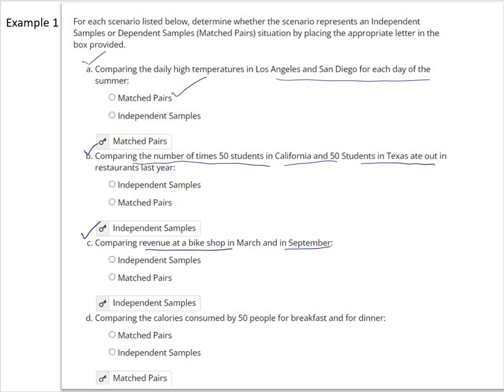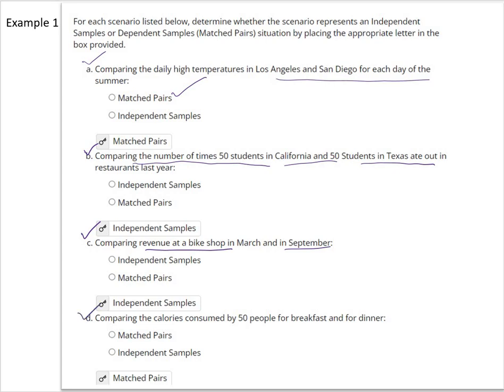Therefore, the revenue can vary, even in the same bike shop, because the climate changes, which may affect it badly or in its favor. Different seasons have different scenarios. So there is no connection between the revenue of the bike shop in the fall season and the spring season. So that is independent.